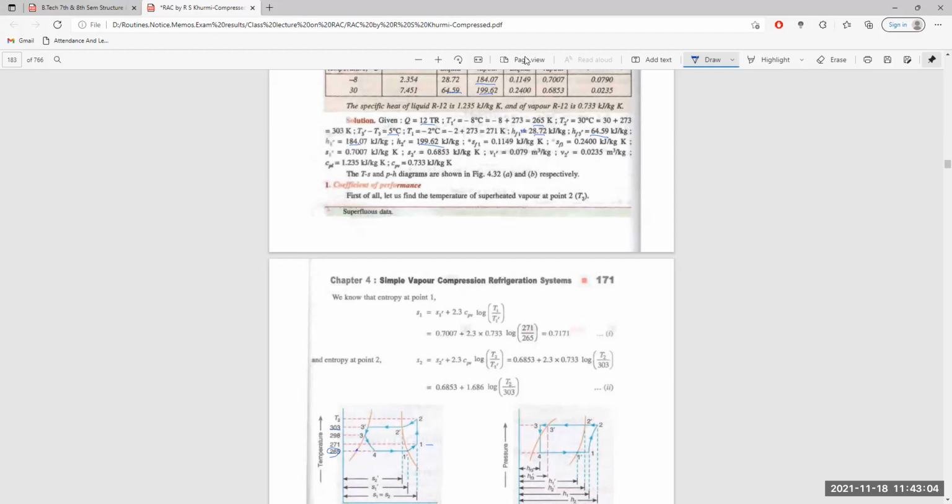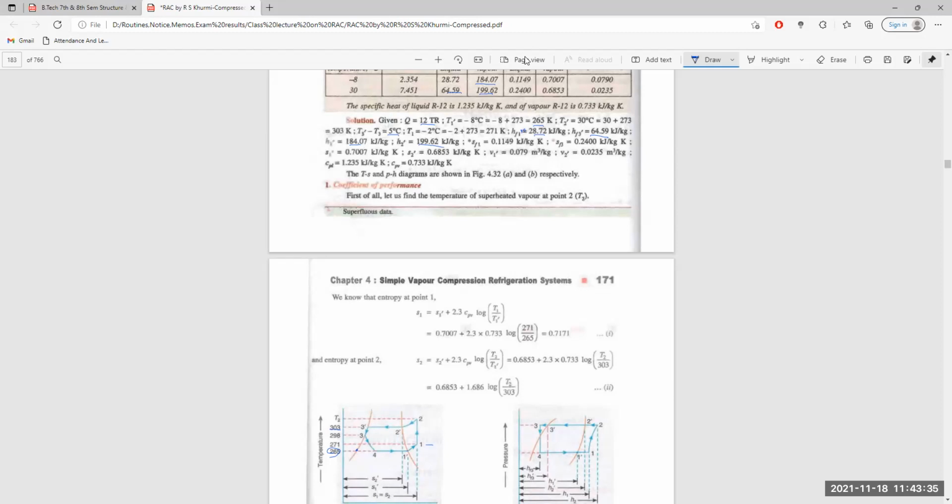Now let us come to the entropy. Entropy of the fluid at point 1 is given as 0.1149. It is the superheated state, which is not given in the chart, but is given as entropy at the superheated state itself.